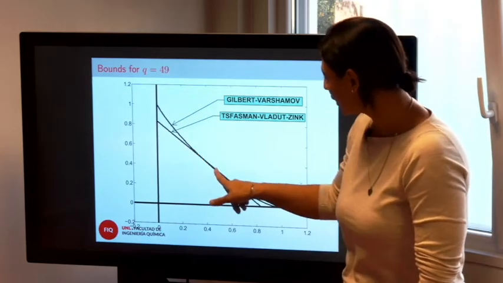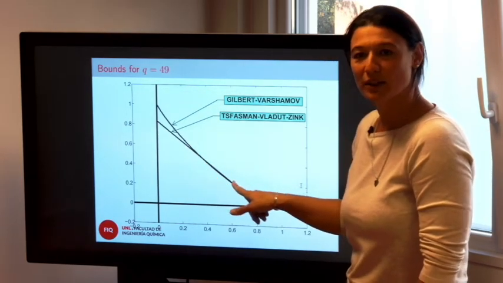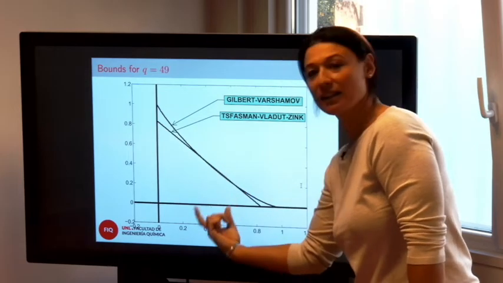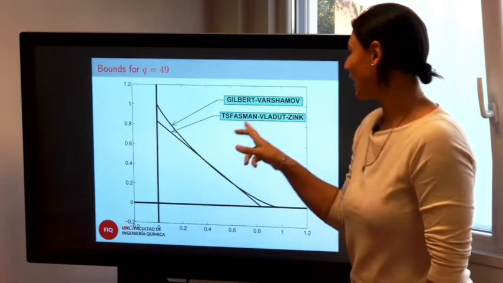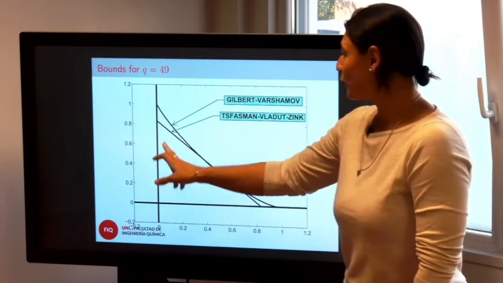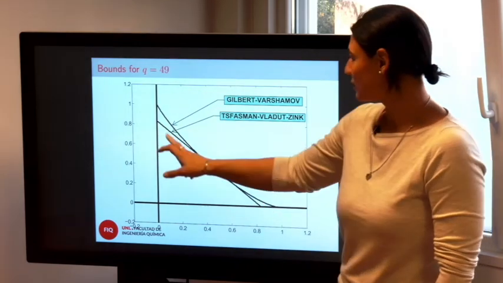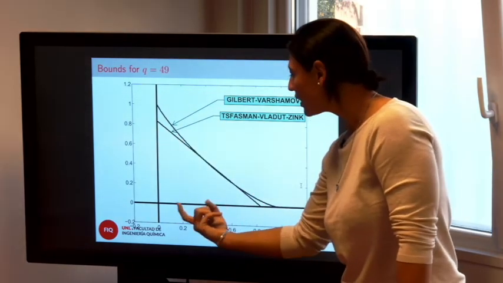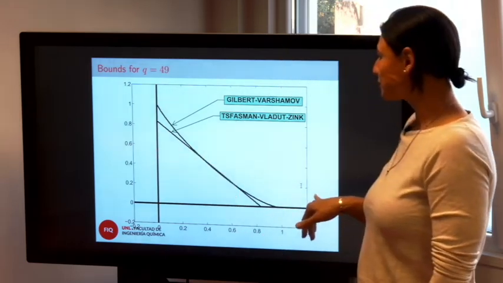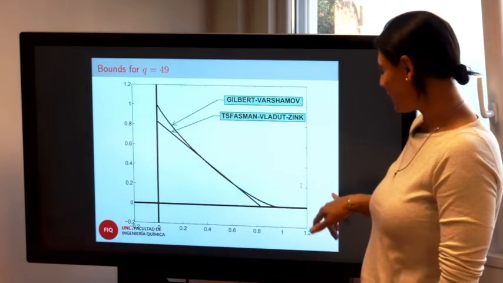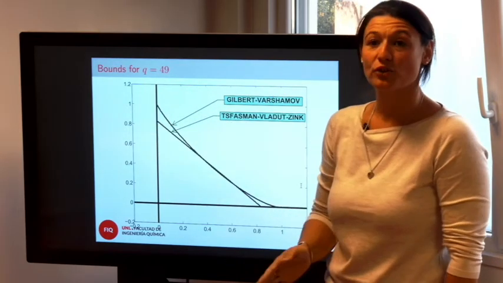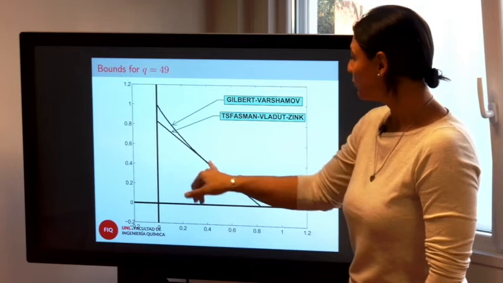If you look carefully, well, maybe you cannot tell from there, but here we have an interval in the middle in which the Tsfasman-Vladut-Zink bound is better. Of course, not in those parts, but in the middle here, if we have like a balance between the relative minimum distance and the information rate, then we have an improvement here.